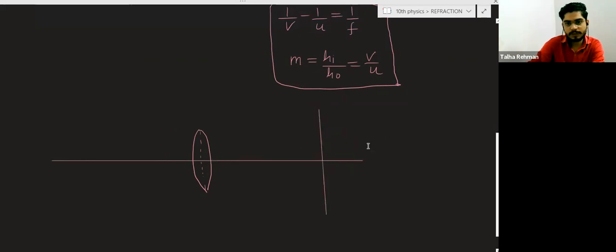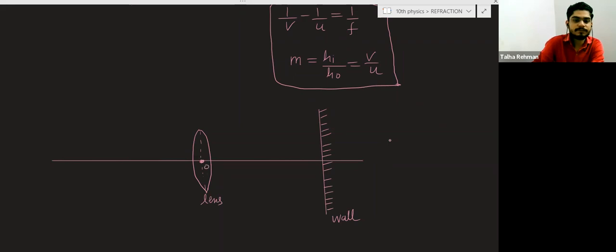This is the wall. This is the lens. This point is the optical center of the lens, and this line is the principal axis.